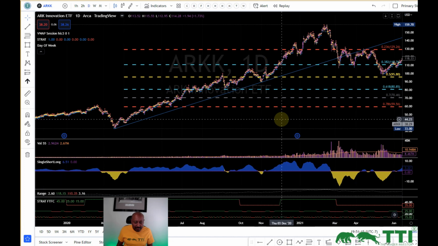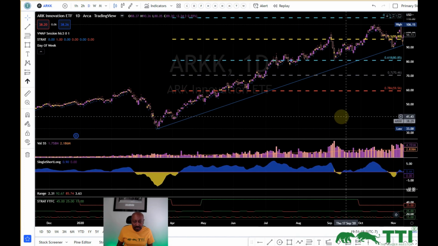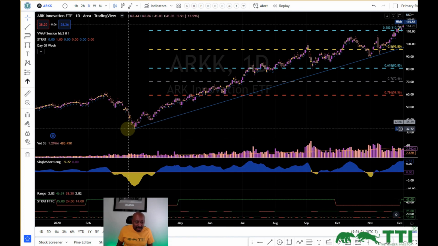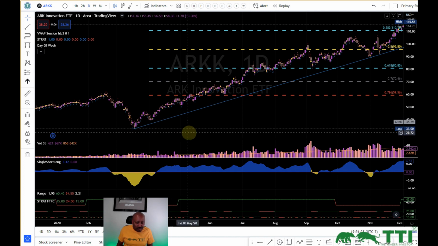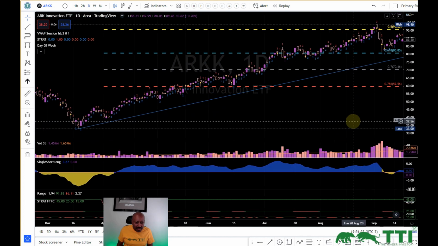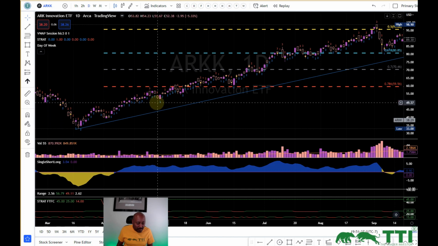Let's say, I'll give you different scenarios for this new tool. Let's say price made this move up, it pulled back, move up, pull back.